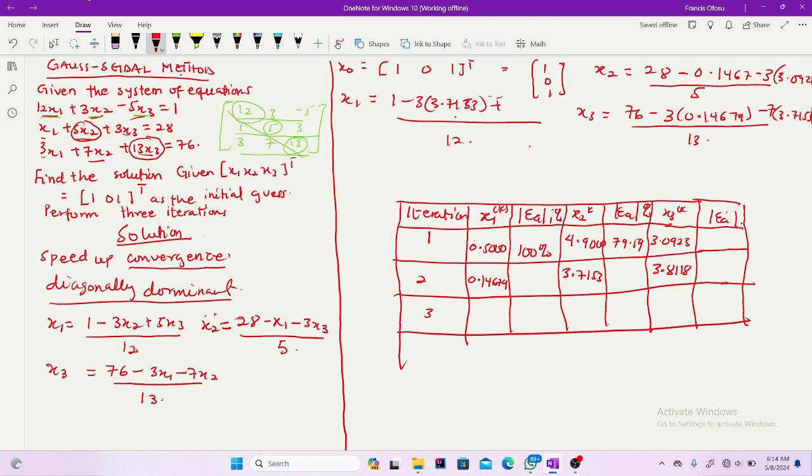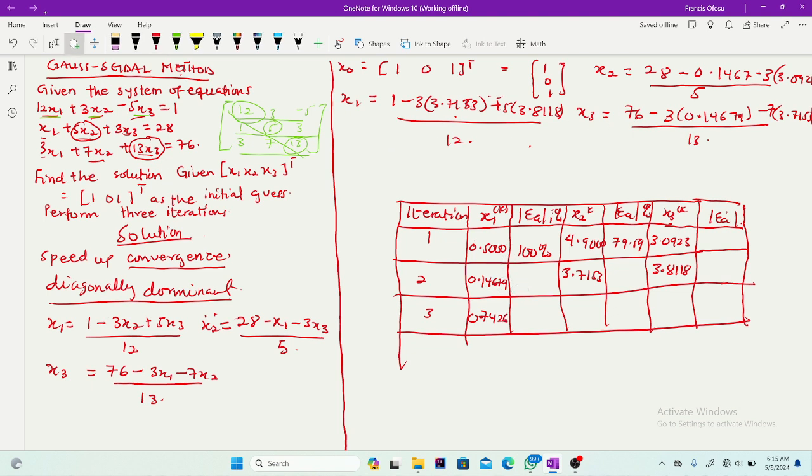Then plus 5 times the current x3 value. Current x3 is 3.8118, right? All over 12. And that is giving us 0.7428. Sorry, 0.7426 instead. I chose 4 decimal places, yes, but I wasn't obeying, so let's stick to that.